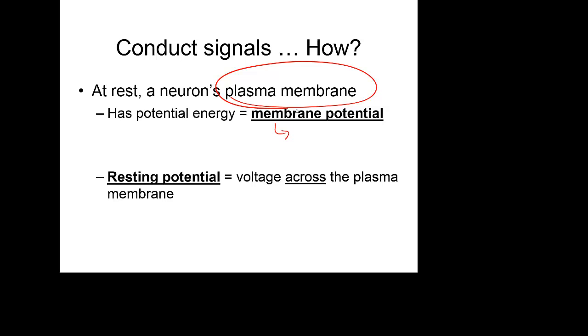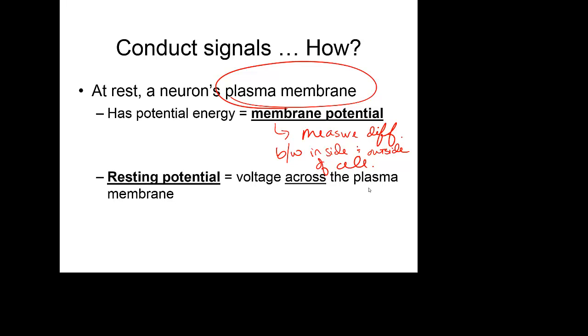And this membrane potential is measuring the difference between the inside and the outside of the cell. The nerve cell, right? You can do this for any cell, actually.